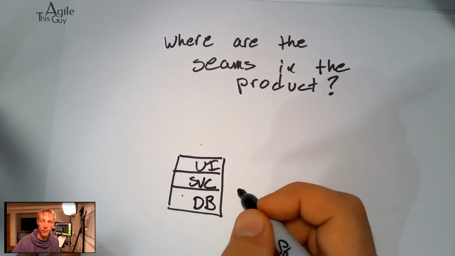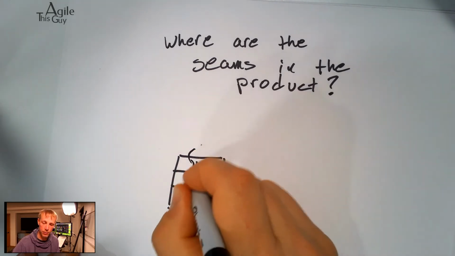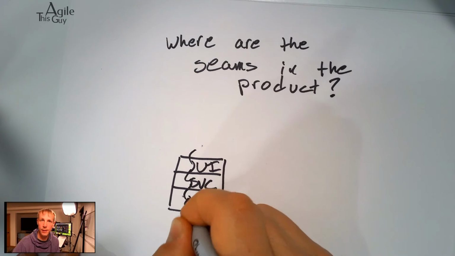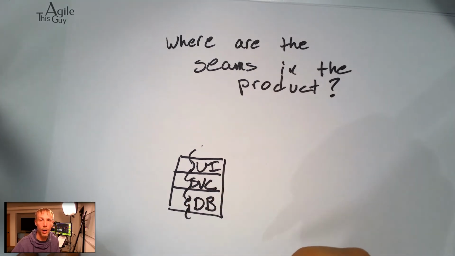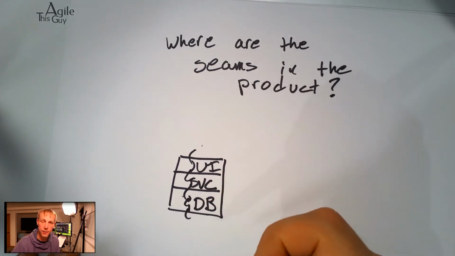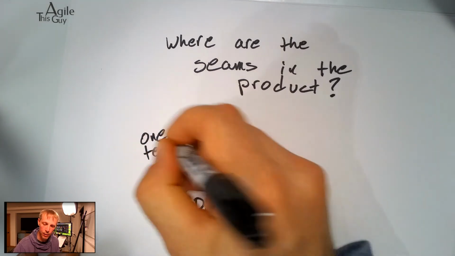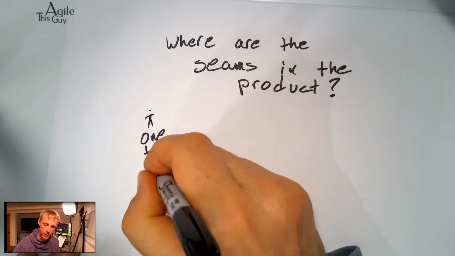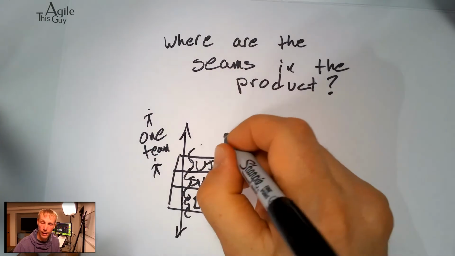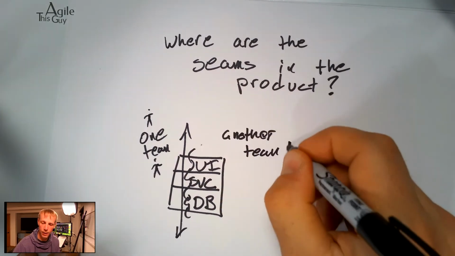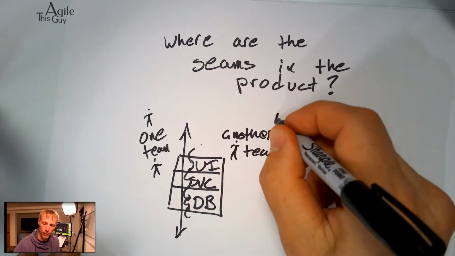Maybe there's a seam somewhere that runs end to end through that product, pull apart by those seams and have one team over here working on something end to end, and then have another team over here who is also working things end to end.